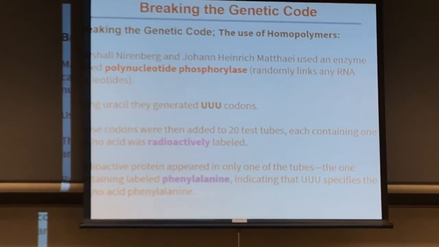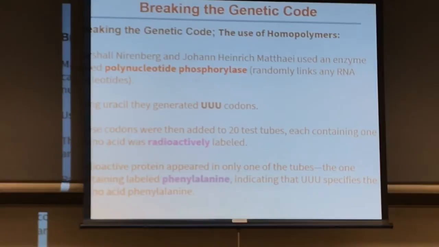So one of the first experiments that Nirenberg and Matthaei did was, they took this enzyme, polynucleotide phosphorylase, and they added just uracil to it. Okay? If you add uracil, it's going to add all U's to it. If you put 1,000 U's, it's going to link all the 1,000 U's together, right?